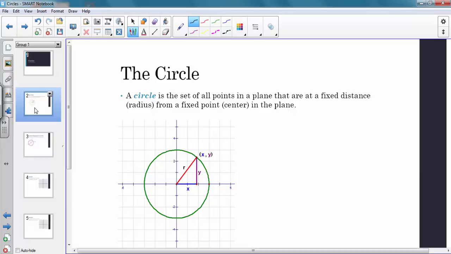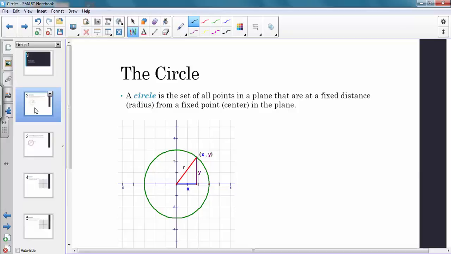If we look at a circle with center at the origin (0, 0) and with a radius r, we can derive the formula for the circle. Using the picture on the left, by drawing the radius from the origin to a point (x, y) on the circle, we can form a right triangle.